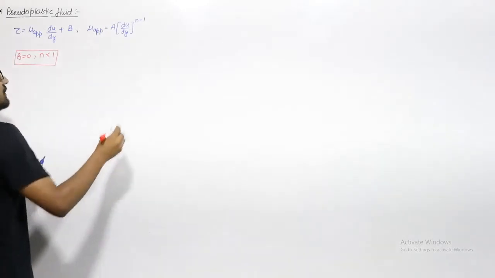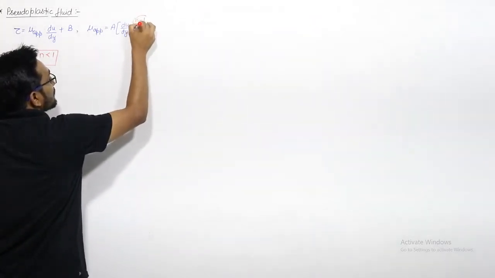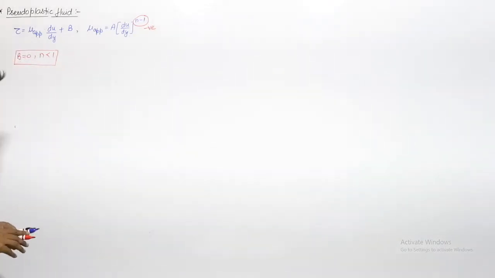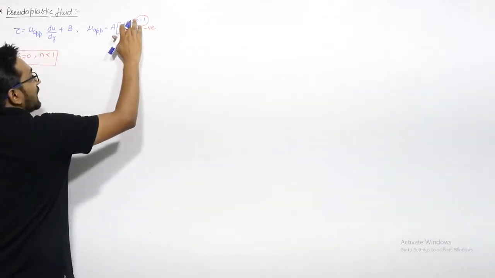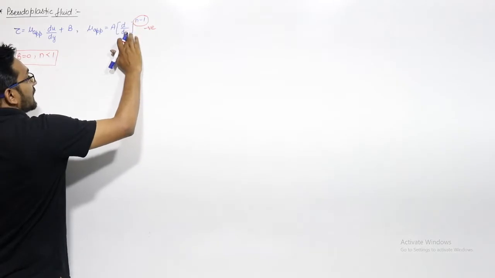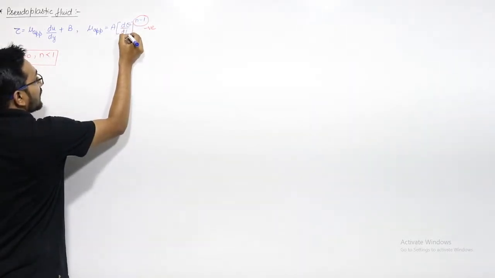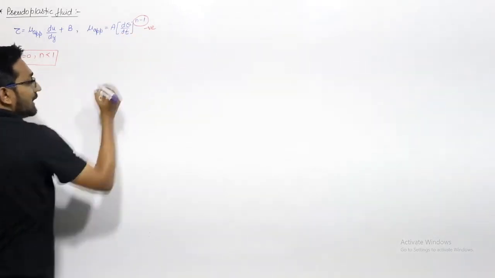So we can say if this n is less than 1, then the term n minus 1 is negative. And in place of du by dy, if I write d theta by dt, we will understand it with d theta by dt.